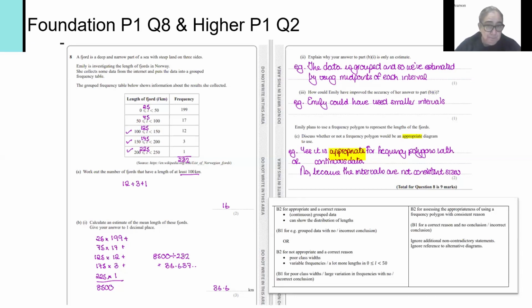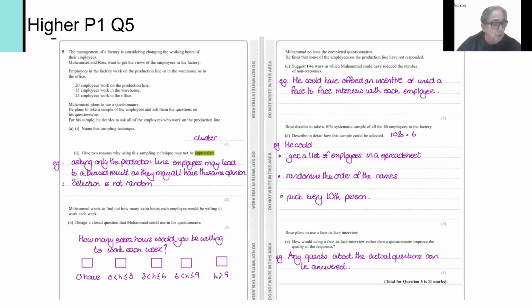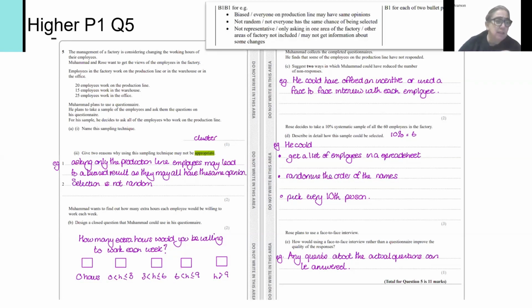So that got me thinking. Higher paper 1, question 5, when we look at it, give 2 reasons why it may not be appropriate. So again, students on these kinds of questions, when they're given guidance, it's not appropriate.